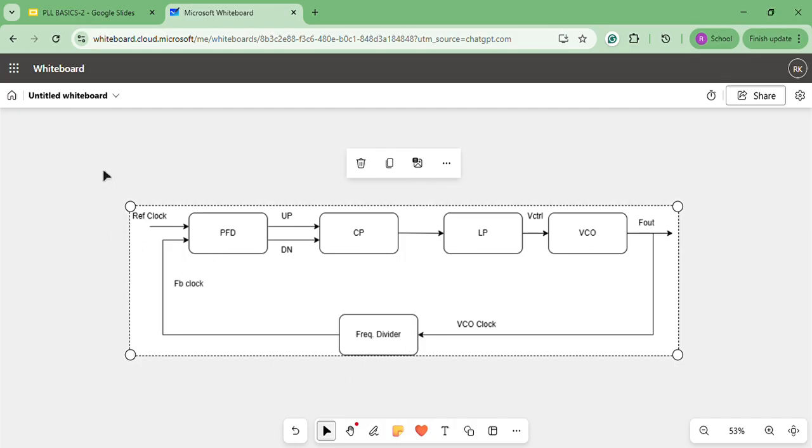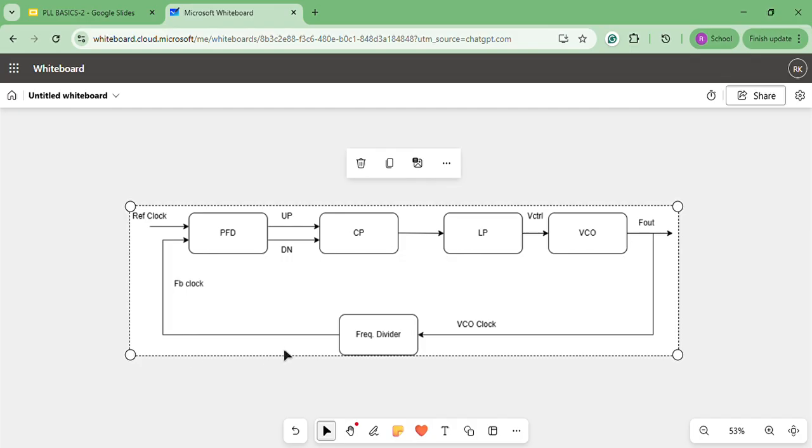Why are we considering the reference clock? Because for this negative feedback system to be stable, we need the reference clock to be equal to the feedback clock. So at the time when the reference clock is equal to the feedback clock, what will be the division ratio? That is the design parameter for the frequency divider.